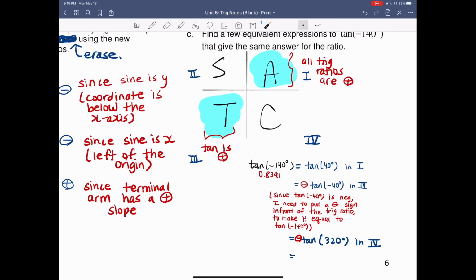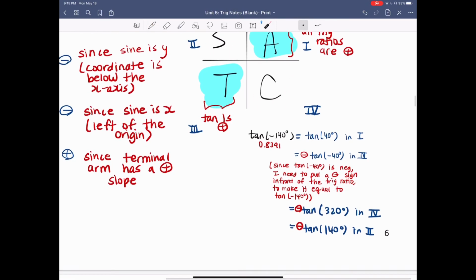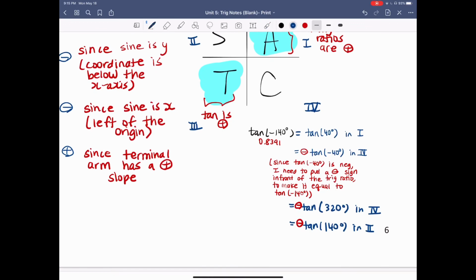Over here, if this had a related acute of 40, I get 140 because 180 minus 40 is 140. So tan of 140, quadrant 2. And I have to also put a negative in front of that because it's not in a quadrant where the sign is the same as the one I want.